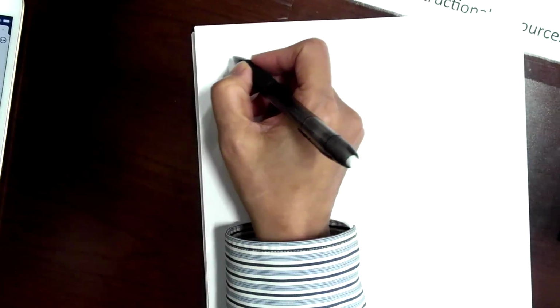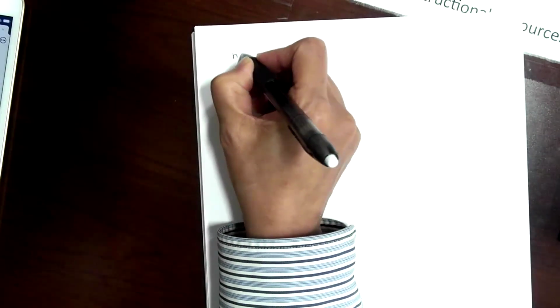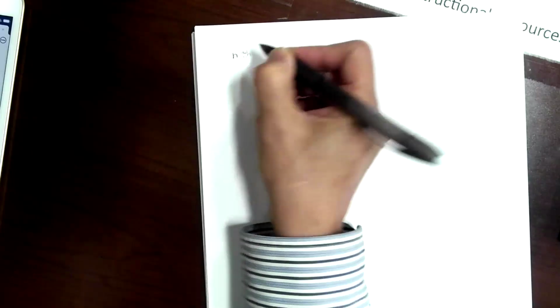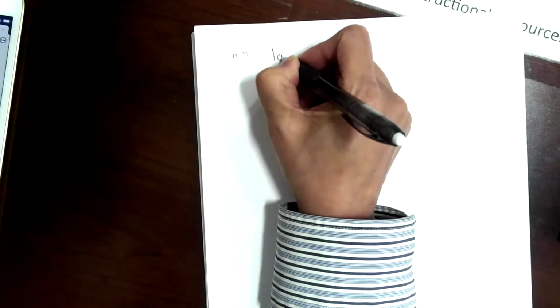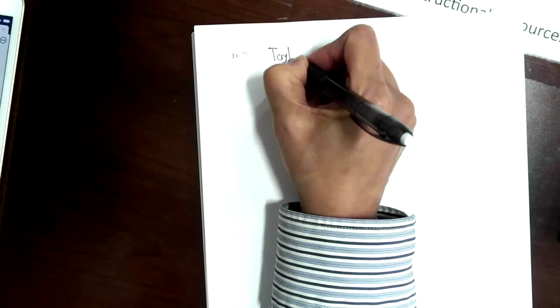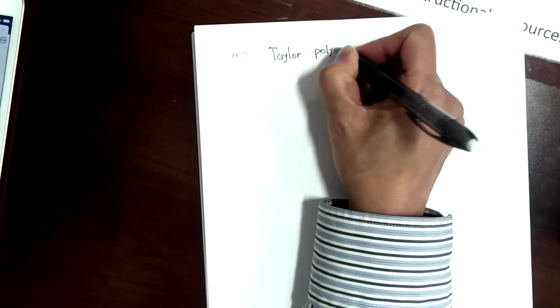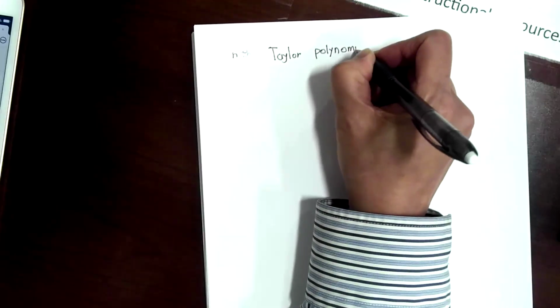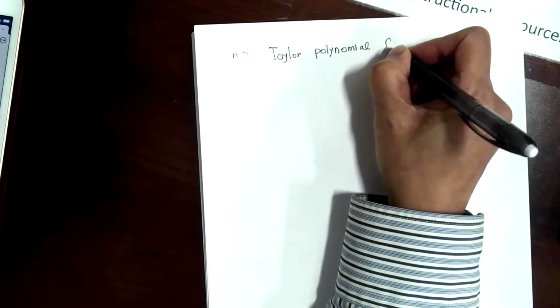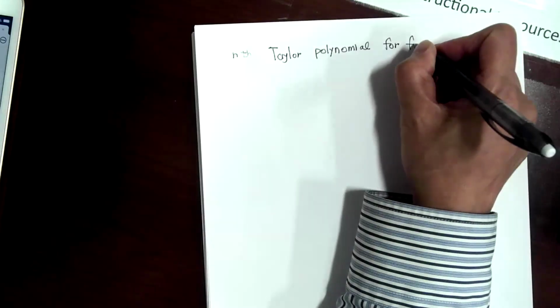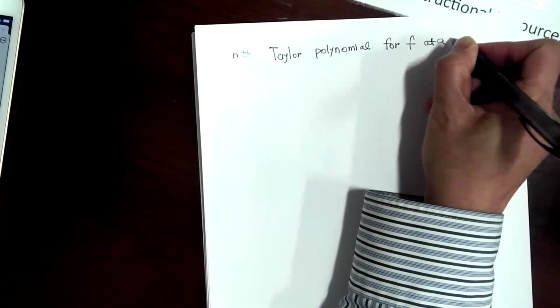Last time we started to talk about the nth Taylor polynomial for f at a.